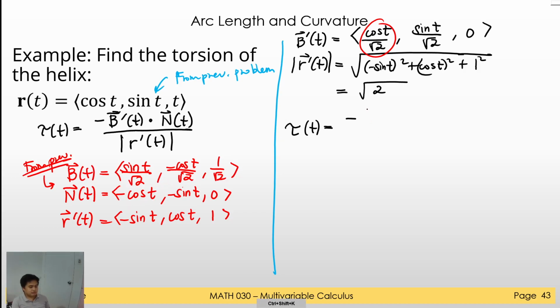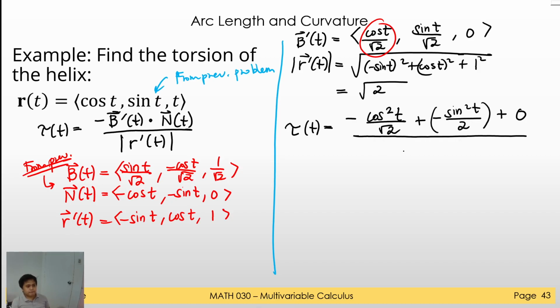So we have cosine squared t over the square root of 2, plus negative sine squared t over the square root of 2, plus 0 times 0, which is 0, all over the square root of 2.